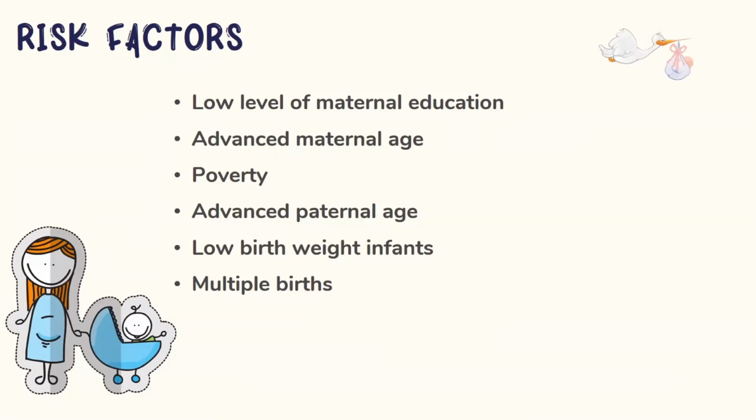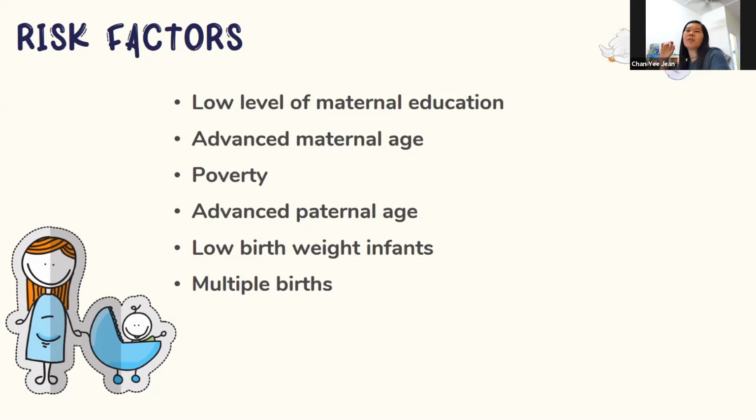The low level of maternal education is the strongest predictor of children with mild ID. Those mothers who only have primary school education will likely have a risk 7 times greater than those with more education.